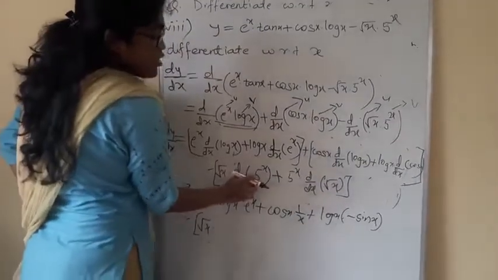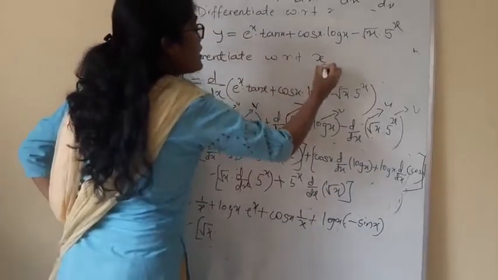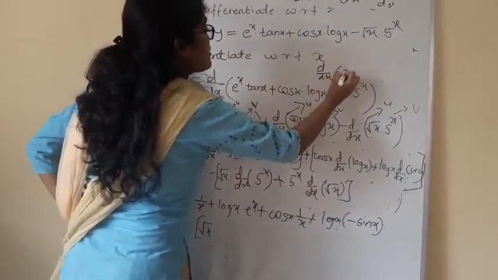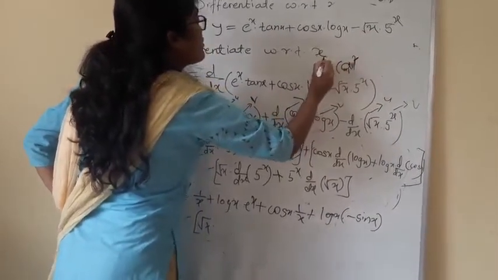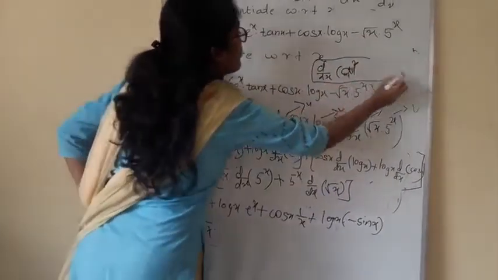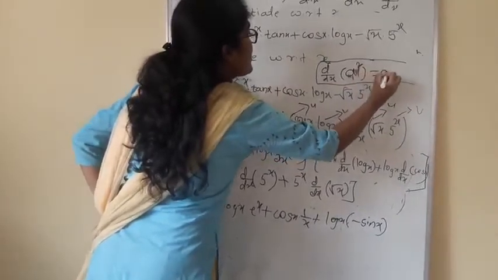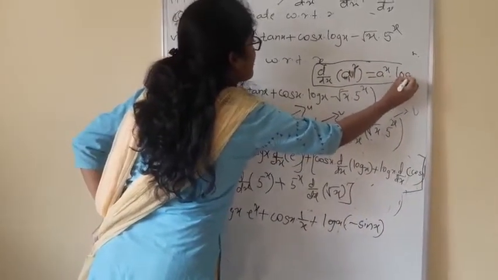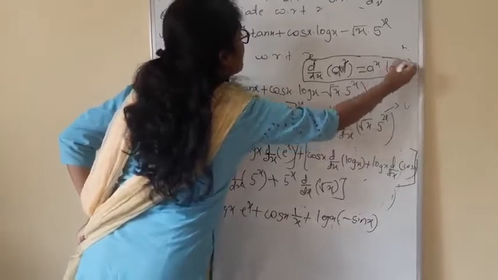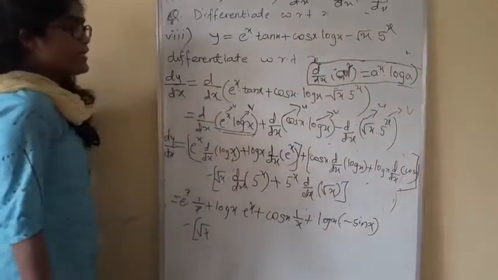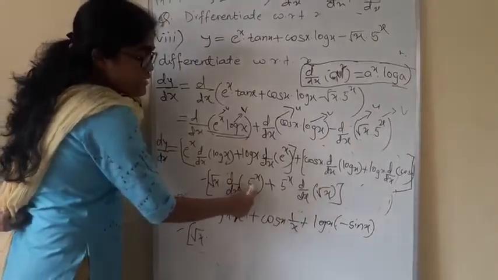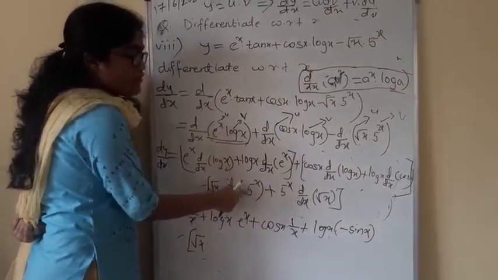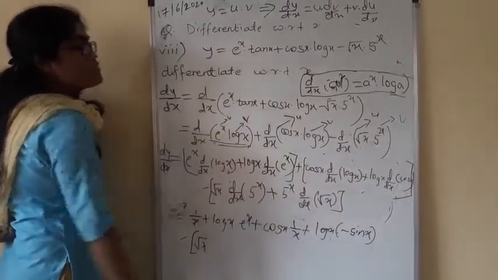This is of the form derivative of a raised to x. Students, what is the derivative of a raised to x? a raised to x into log a. So this function is in that same form only, a raised to x, 5 raised to x.